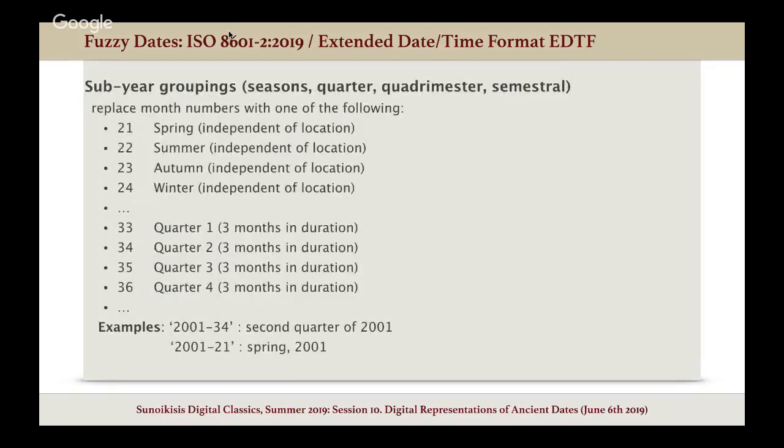Then there are sub-year groupings, like seasons or quarters. For using those, you replace the month number with one of the following numbers shown in this list. For example, to model the second quarter of 2001, you enter the number 34 as the position of the month.